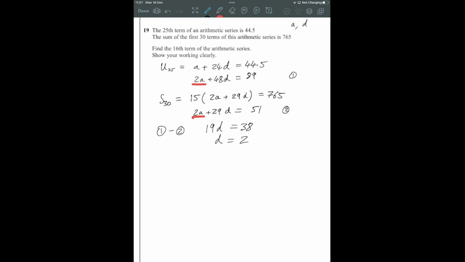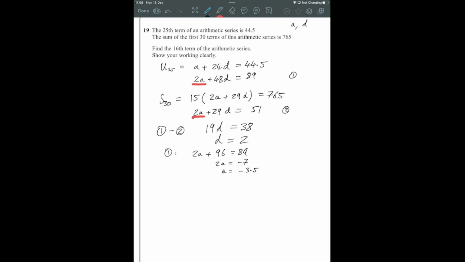I still need to find a, so I'm going to go back to equation 1. 2a plus 2 lots of 48 equals 89, so 2a is coming out negative, which doesn't necessarily mean we're wrong. a comes out as negative 3.5.